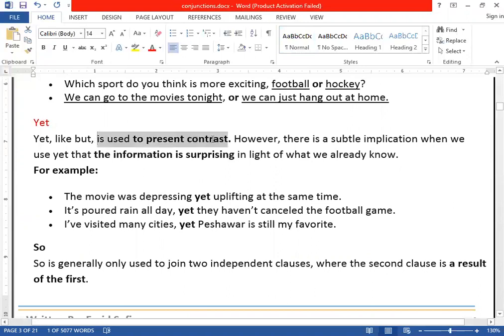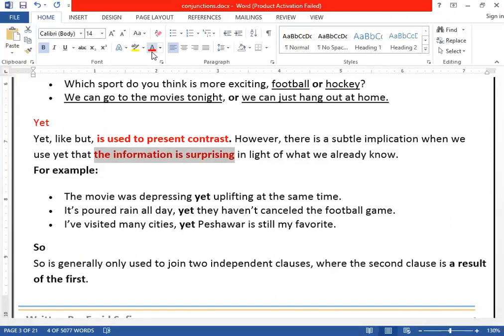Yet is used to present contrast. However, there is a condition: whenever the information you want to give is surprising in the light of what we have already said in the first clause. So we have two clauses, and we want to show contrast, but what sort of contrast?